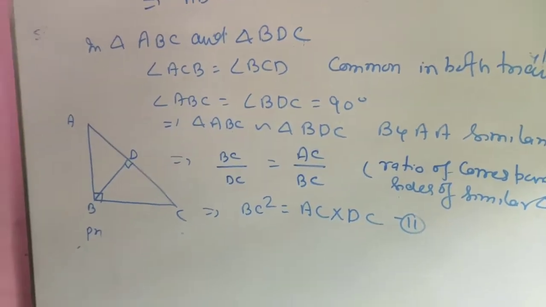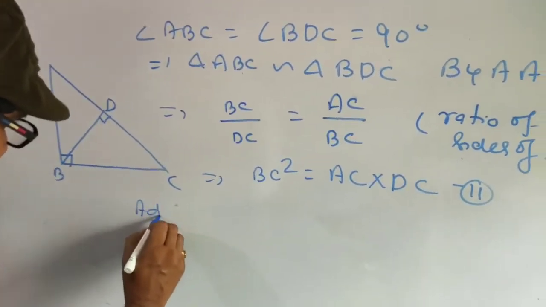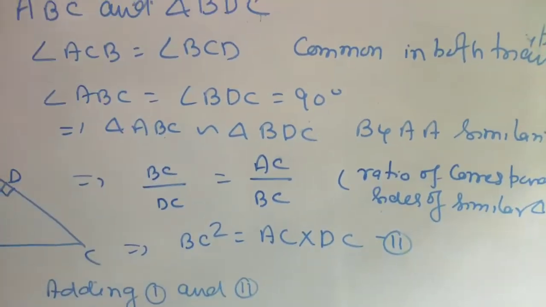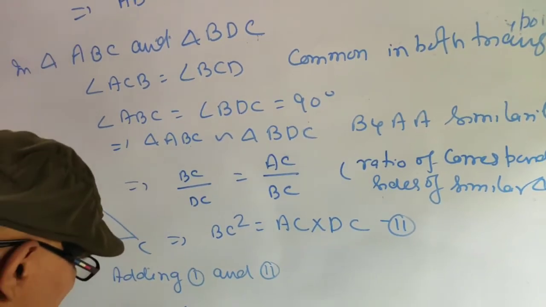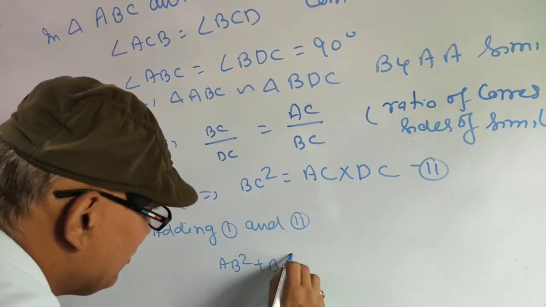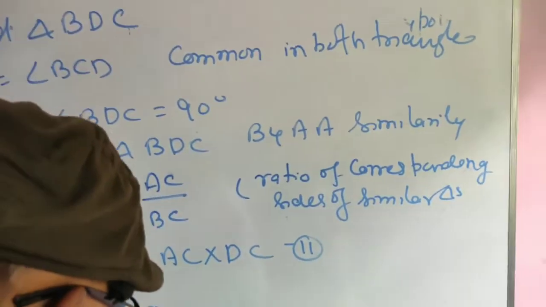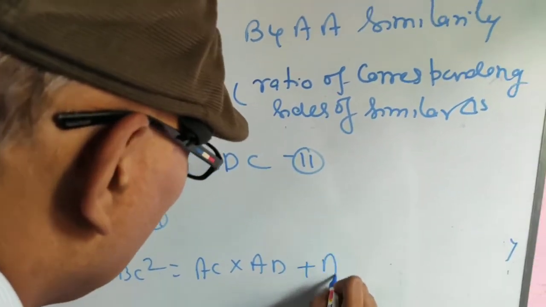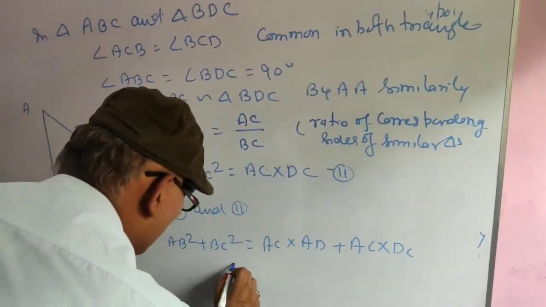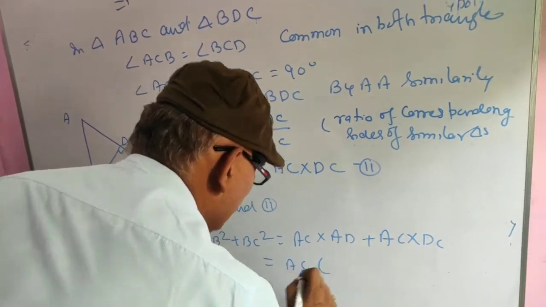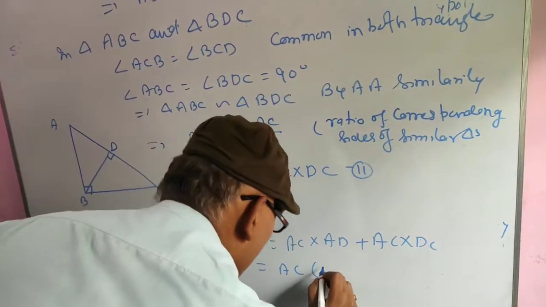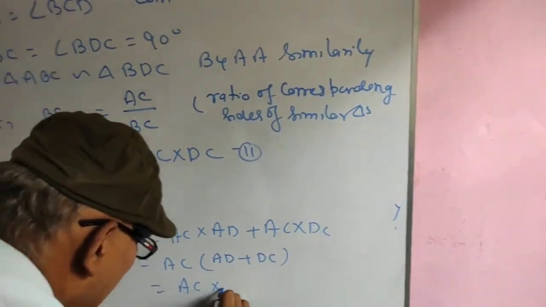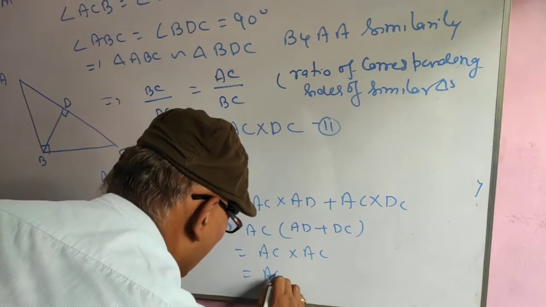Now adding 1 and 2, you will get AB square plus BC square is equal to AC into AD and AC into DC. So you will take AC common, so you will get AD plus DC, which is again AC, AC into AC, that is AC square.